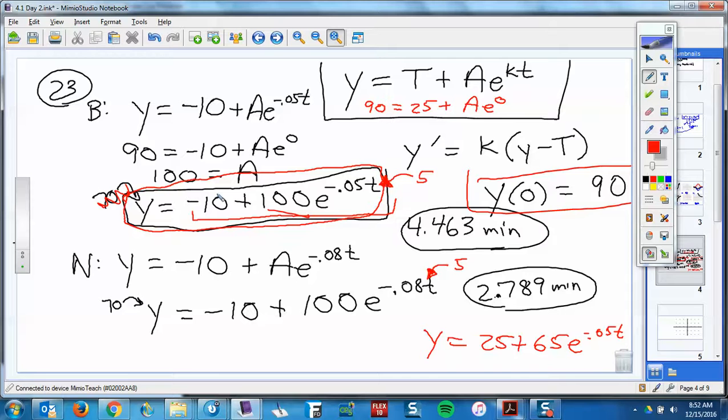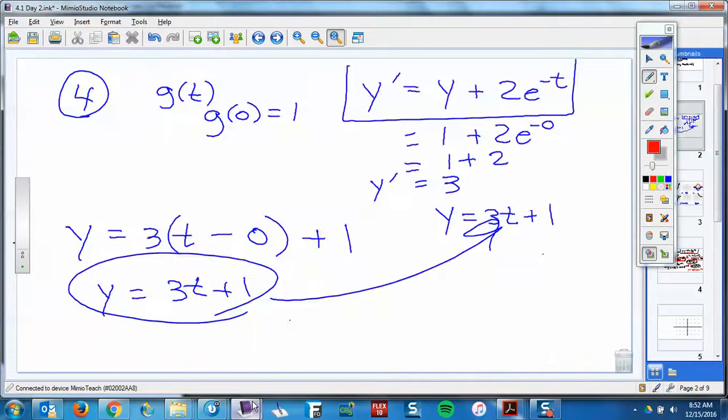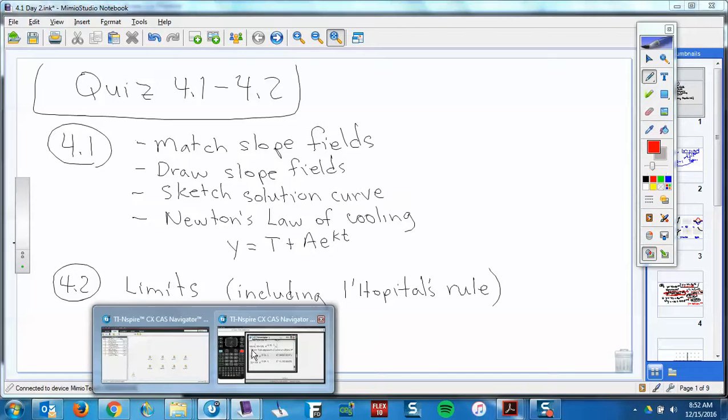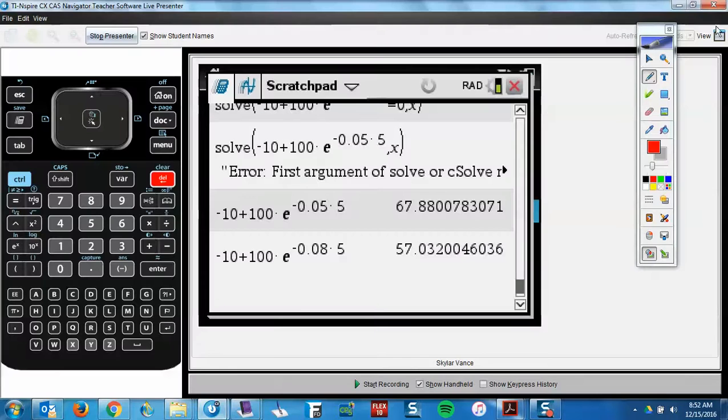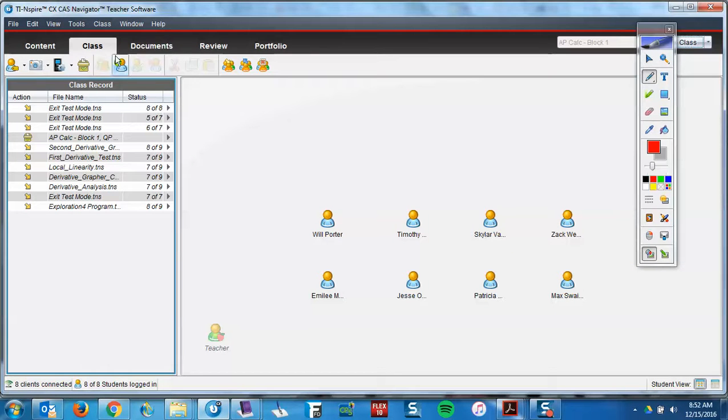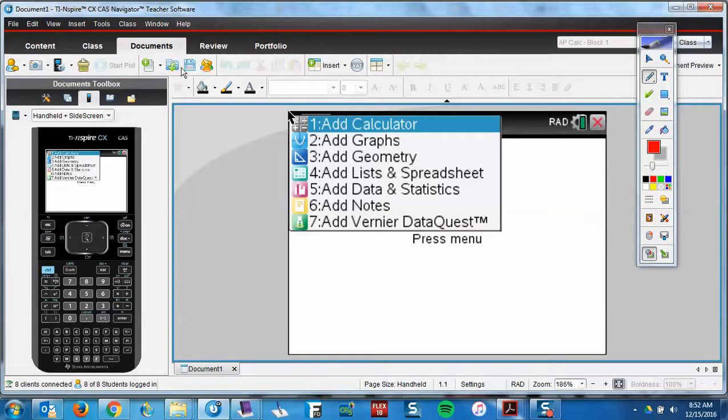Okay? All right, so I think for today we'll do one more day of just this idea, especially the slope field thing. Is everybody logged in? Thank you, Skylar, for doing that. All right, I want to send you this document.